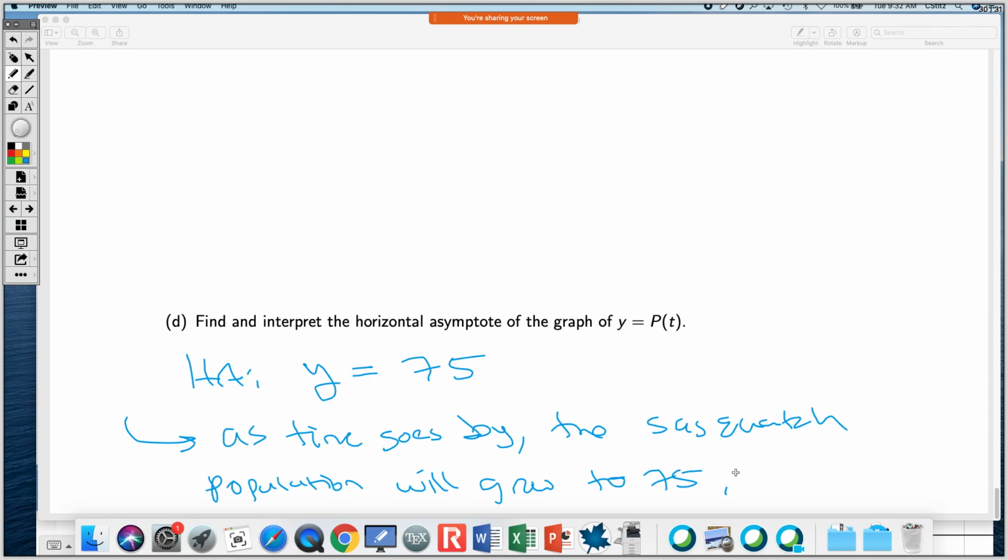So once again, since that's sort of the limit of the population, you may hear this called the carrying capacity of the environment. Okay?